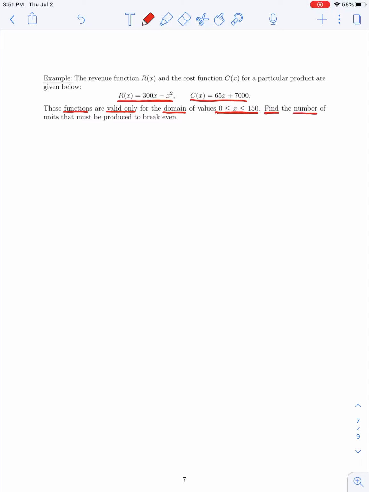We're asked to find the number of units that would be produced in order to break even. If we know what our cost and our revenue are, depending on how many units are being produced, we want our break-even point. Recall that the break-even point is the point where we let revenue equal cost.